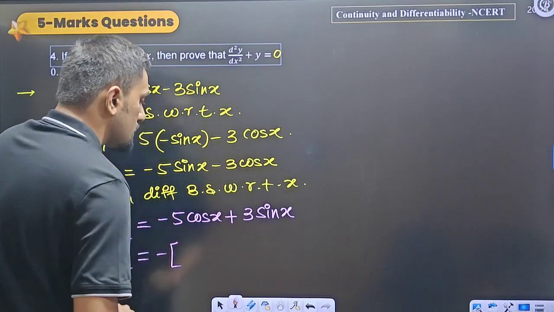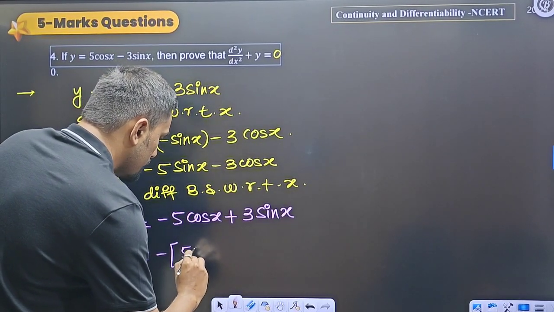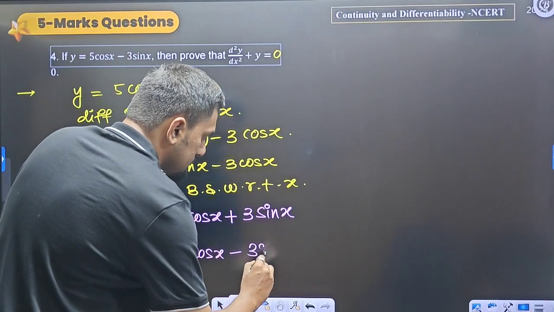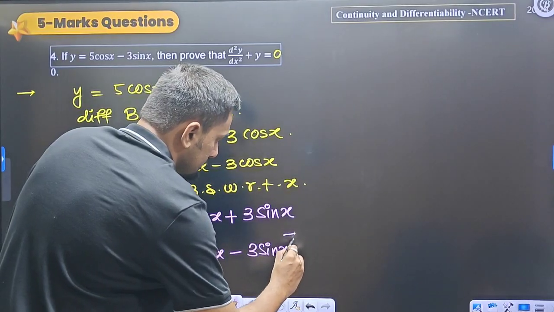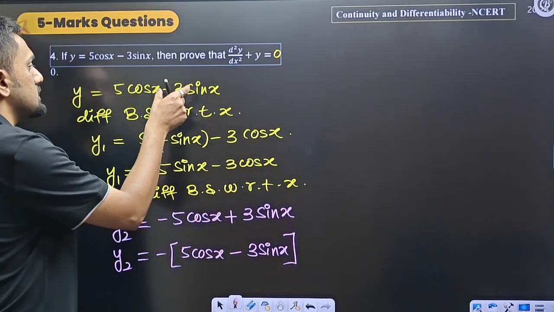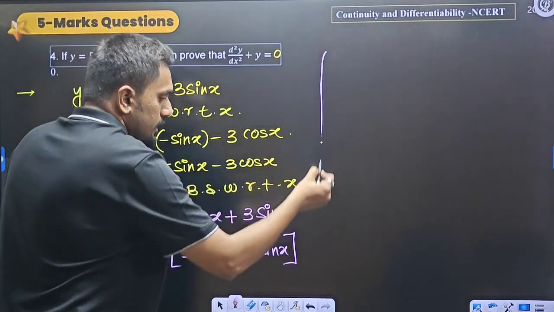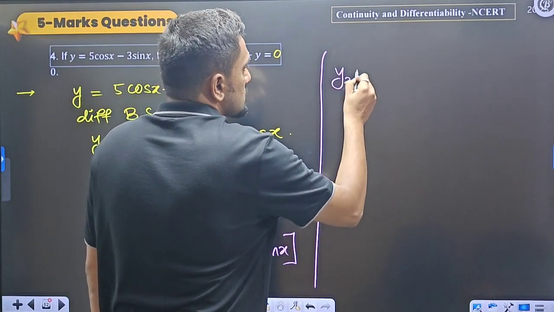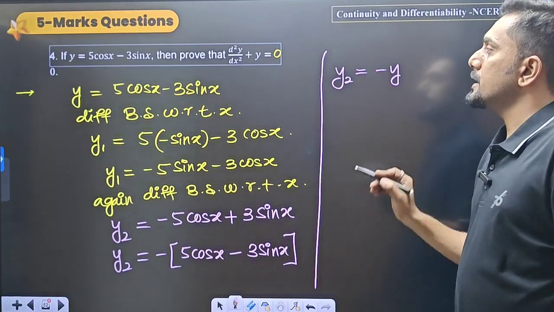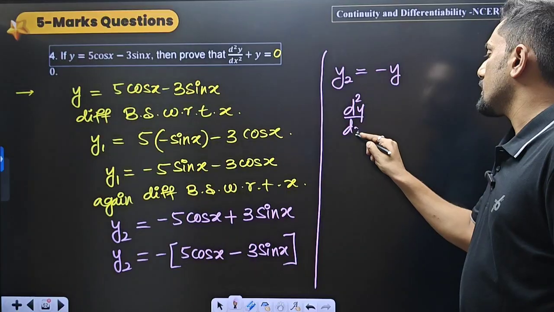ಅವಾಗ ಏನಾಗತ್ತಿದು ಮೈನಸ್ ಕಾಮನ್ ತಗೊಂಡ್ರಿ ಅಂತಂದ್ರೆ 5 cos x ಆಗುತ್ತೆ, ಇಲ್ಲೇ ಮೈನಸ್ 3 sin x ಆಗುತ್ತೆ. ಹೌದಾ? ಸೊ 5 cos x minus 3 sin x is nothing but y ಅನ್ನು ನೋಡ್ರಿ, ಇಲ್ಲಿ ಆಲ್ರೆಡಿ ಕೊಟ್ಟಿದ್ದಾನ ಅವನು. ಸೊ at the end y2 is equals to minus of y ಆಗುತ್ತೆ. ಈಗ ರಿಪ್ಲೇಸ್ ಮಾಡ್ರಿ, y2 ಅಂದ್ರೆ ಏನು? d square y by dx square.